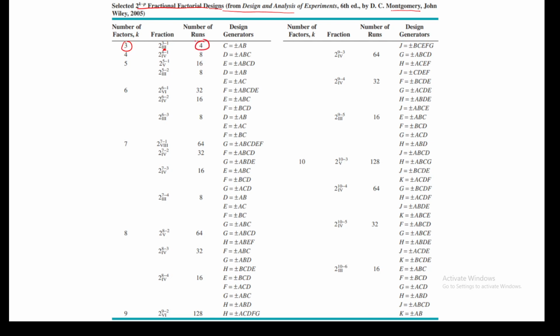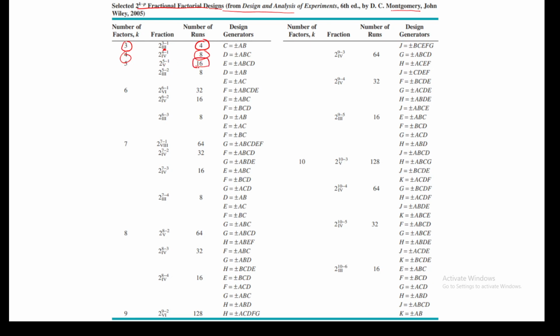So the number of runs we have to do is 4. Then for the number of factors 4, resolution 4, we have to run the experiment 8 times. So the design generator will be C equals AB, or D equals ABC. It's like the last term; that's not the aliasing, this is a design generator, that will be the last term. For the number of factors 5, maybe we have to run 16 runs, or maybe 8 runs.